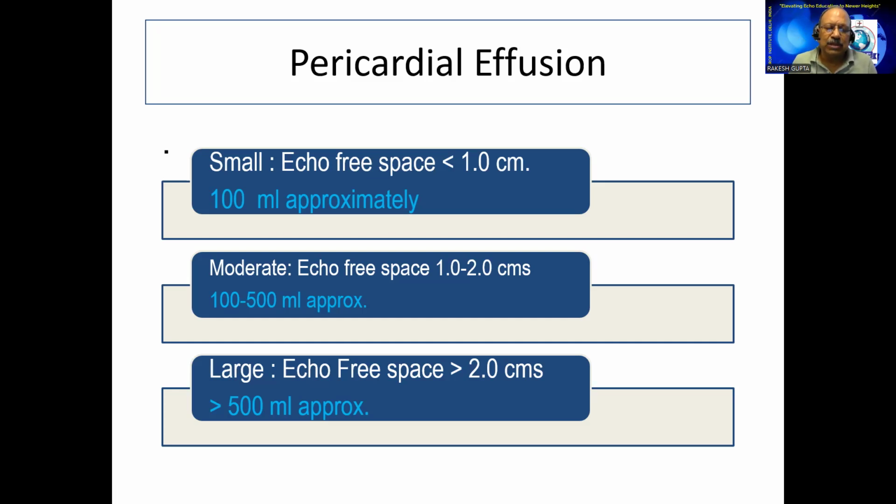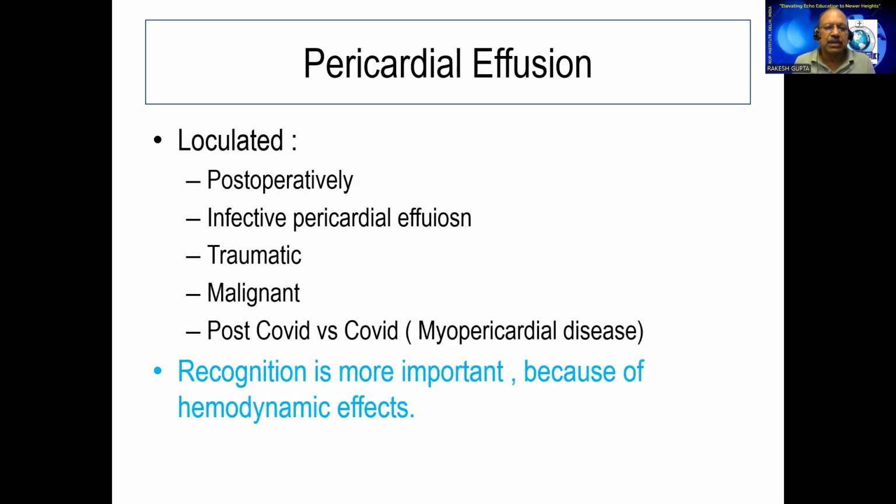If 100 ml of fluid is collecting very slowly, it's not going to produce a pericardial tamponade. 500 ml fluid which is collecting over a period of time may not give rise to pericardial tamponade. On the contrary, if 100 ml fluid collects very rapidly in the pericardial space, it can produce a pericardial tamponade. And that's what I'm going to repeat in a couple of minutes.